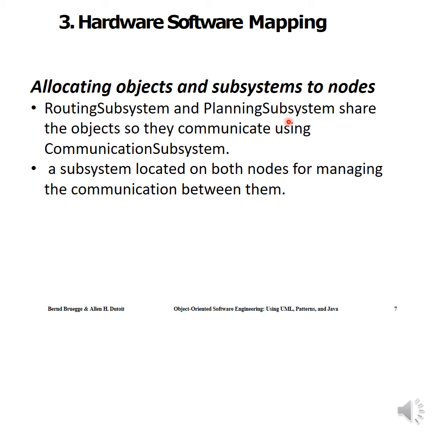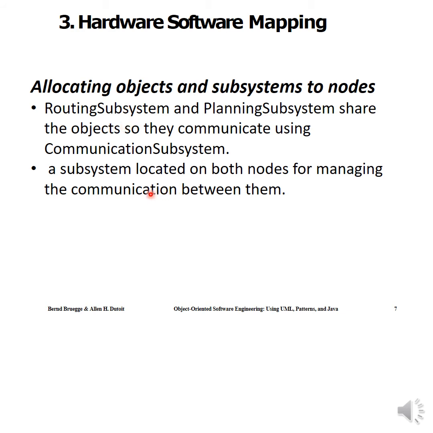That's why we created a new subsystem to support this communication, which we call the communication subsystem. The communication subsystem is located on both nodes, one for the routing subsystem and one for the planning subsystem, and is responsible for managing the communication between them.